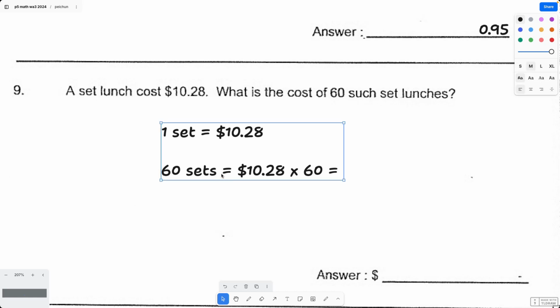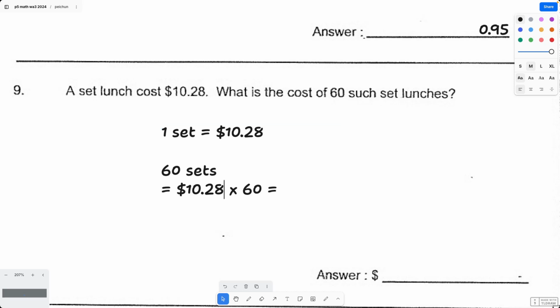To simplify this, this is the same as $10.28 times 10 times 6. Then we can multiply this by 10, and this essentially will be $102.80, times 6.